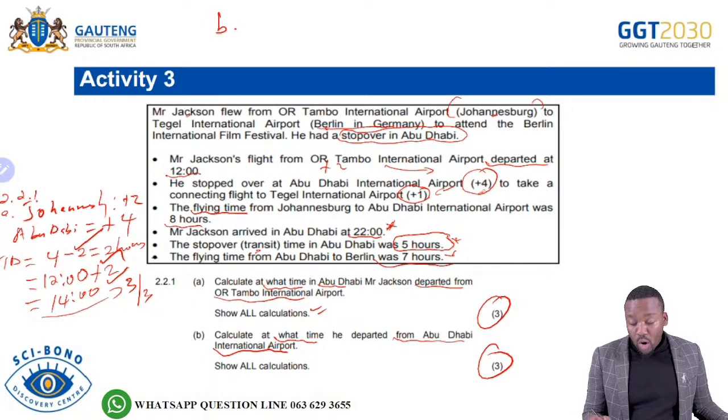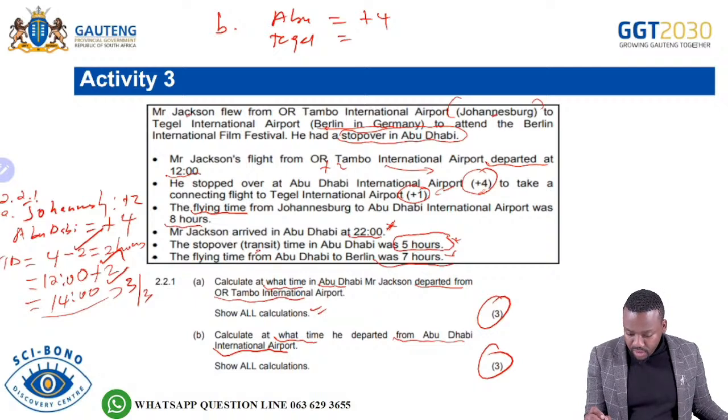Now we've got the two countries. We have Abu Dhabi. Where is it? Also on plus 4, and then the flying to Berlin, it is plus 1.